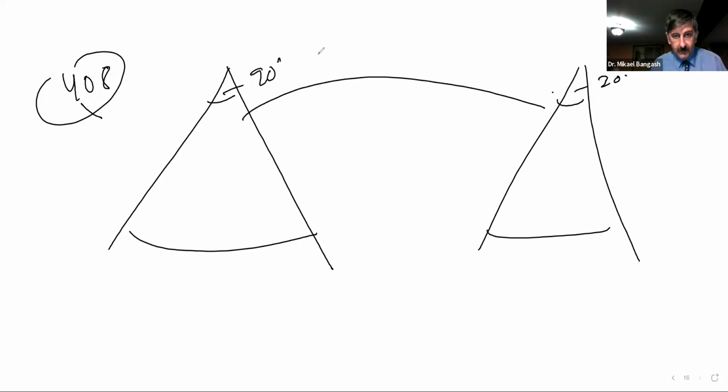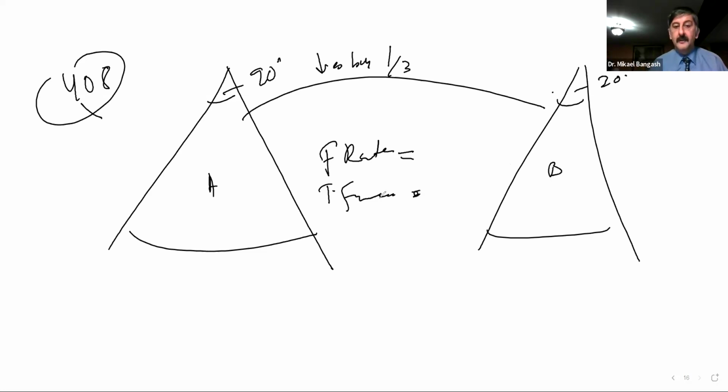So it reduces by 1/3. The frame rate, however, did not change. So the frame rate of A is equal to the frame rate of B, which also means that the T frame of A is equal to the T frame of B.